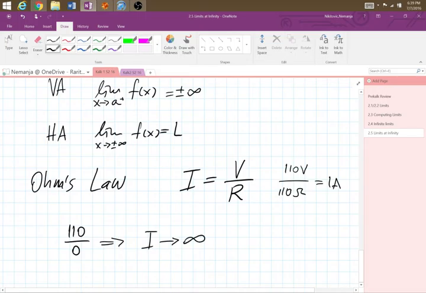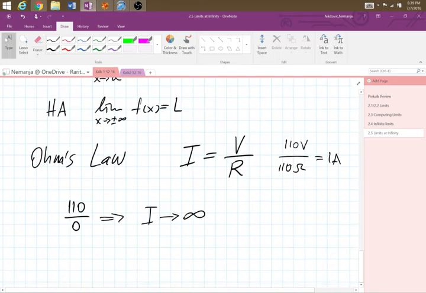Now, there is also a formula in physics. I won't bother you with it, but I will tell you that it exists. A formula that says that current is proportional to temperature. The more current you have, the higher the temperature. So you know that your cell phone charger gets hot, right? And all of the stuff that you plug in has a working temperature. That temperature is produced by the motion of electrons.